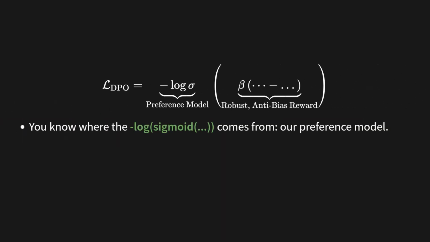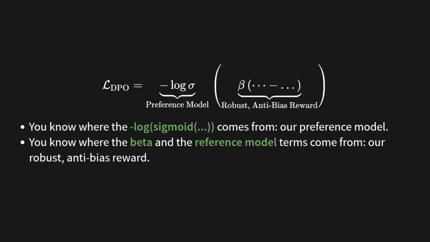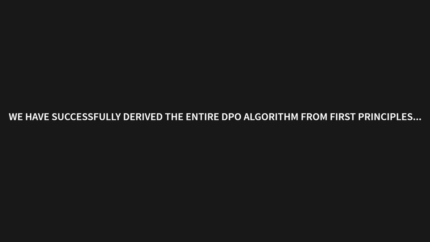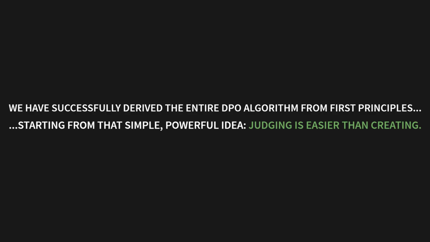Look here. You know where the negative log of sigma comes from, our preference model. You know where the beta and the reference model terms come from, our robust anti-bias reward. And you know how they all fit together. There is no more magic. We have successfully derived the entire DPO algorithm from first principles, starting from that simple, powerful idea.